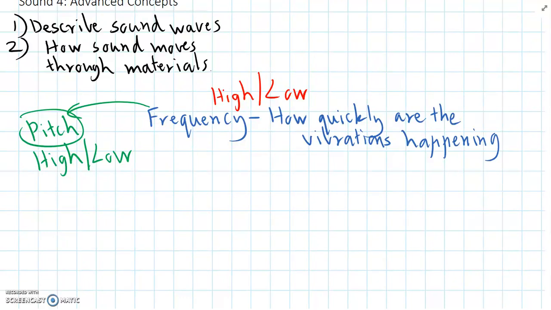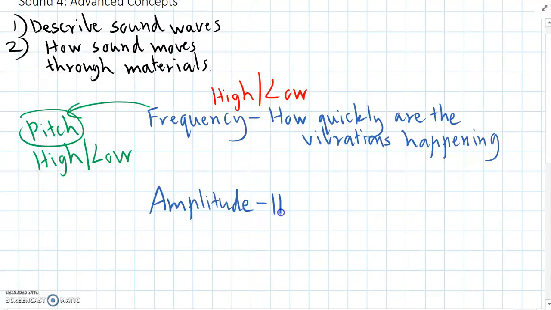The second term to learn is amplitude. And amplitude means how strongly is the object vibrating.